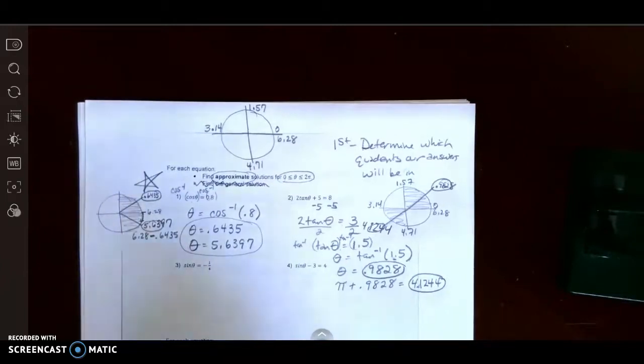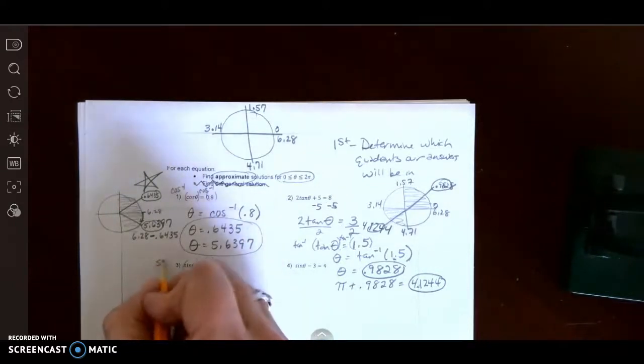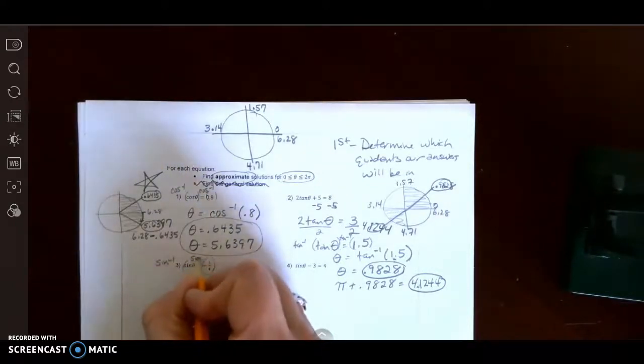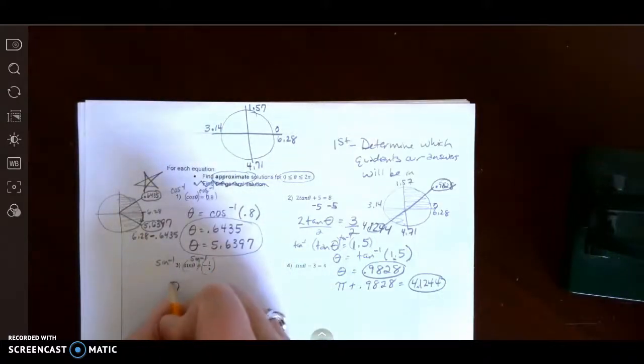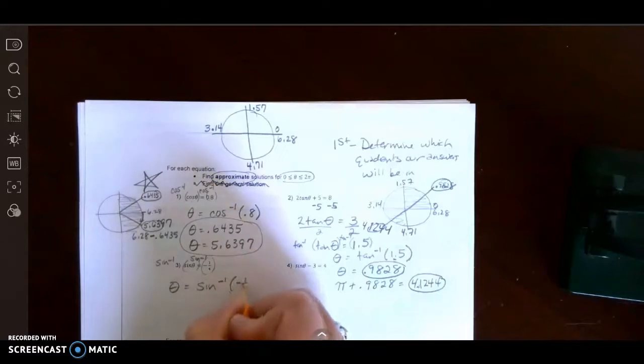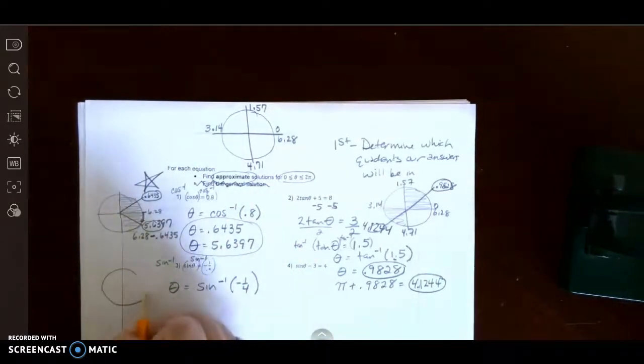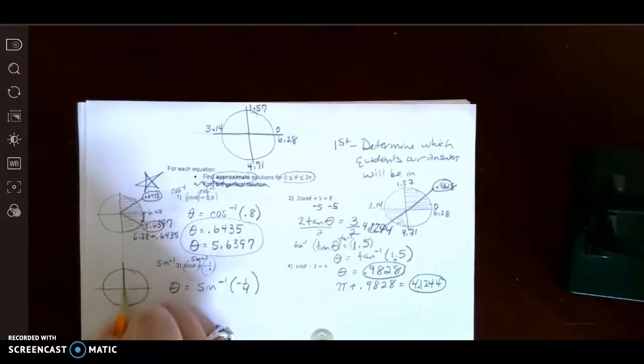All right, let's see if we can get through number 3. I'm going to take the inverse of each side. Inverse sine. So theta equals inverse sine of negative 1/4. Well, I've got to remember sine is negative, which means both of my answers are going to be down here.